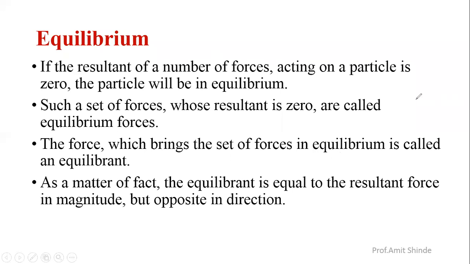Now let us consider these are the number of forces acting over the body, and the resultant of these three forces, let us consider R, has some magnitude. Let us say R is equal to 10. What is the equilibrant then?